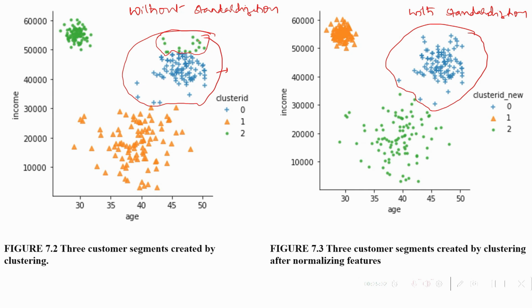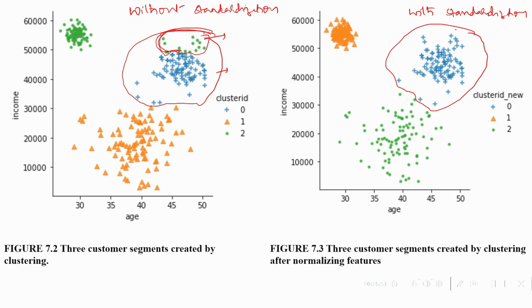See the difference. Here this is one separate group, and this is a separate group. These elements are very close to the plus symbols, but we are unable to combine them into a single cluster. This is because we did not apply the standardization.